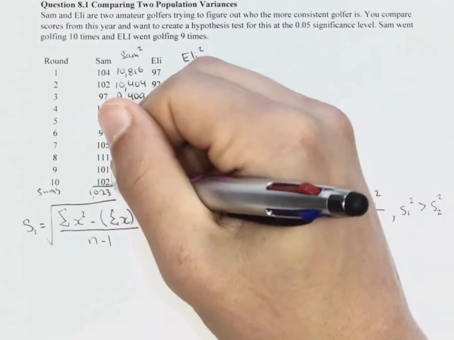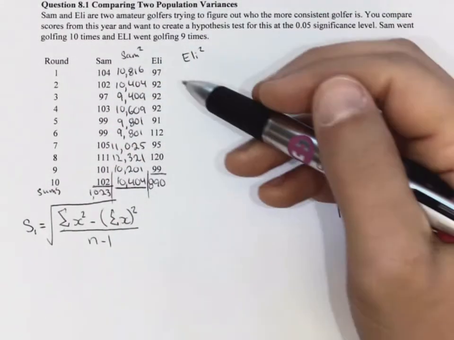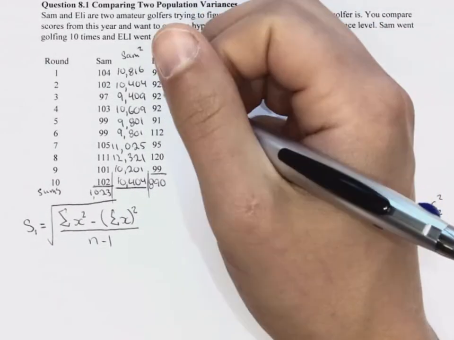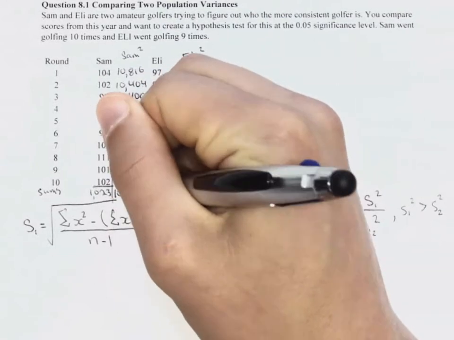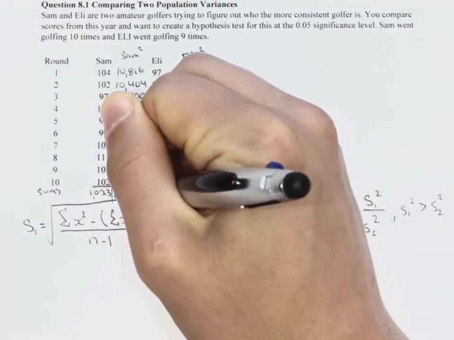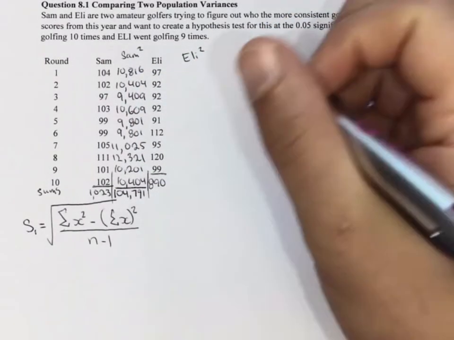Just put a little line here to break it up a bit. It's getting a little tight. So for Sam's scores squared, add that up, we get 104,791. And we can do Eli's now.